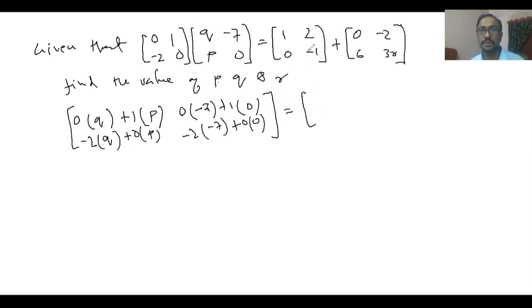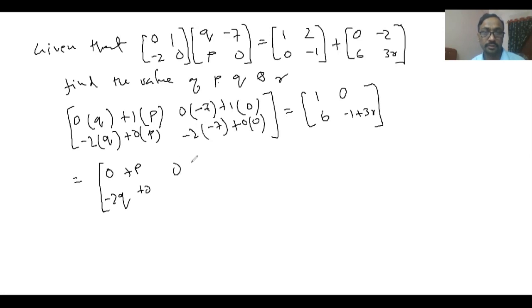Is equal to, these two matrices will be added. So it will be 1 plus 0 is 1, 0 plus 6, and minus 1 plus 3r. 0 plus p, minus 2q plus 0, right? 0 plus 0 is 0, 14 plus 0, right, is equal to 1, 0, 6, minus 1 plus 3r.